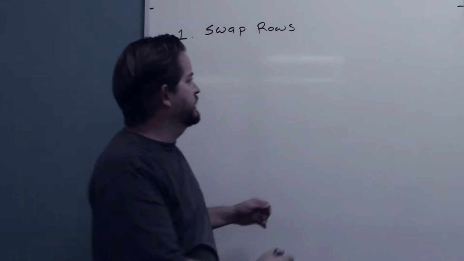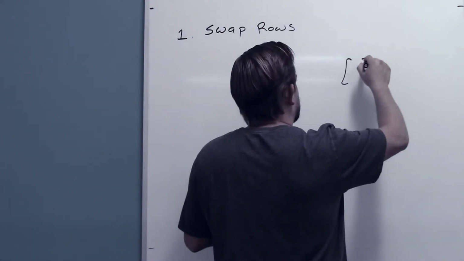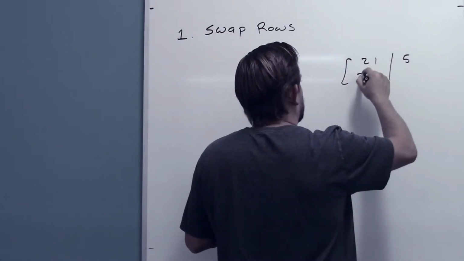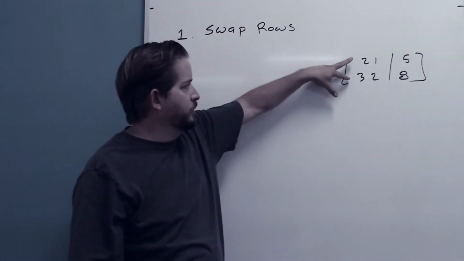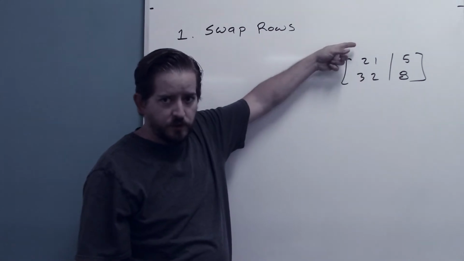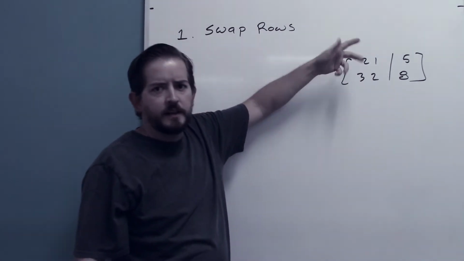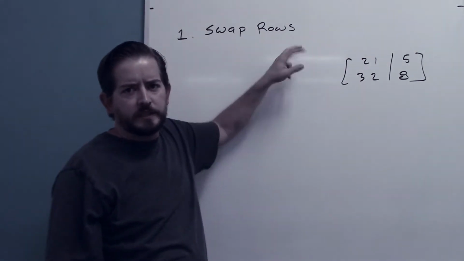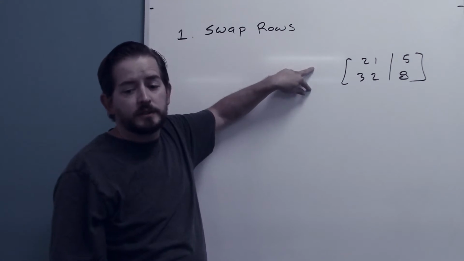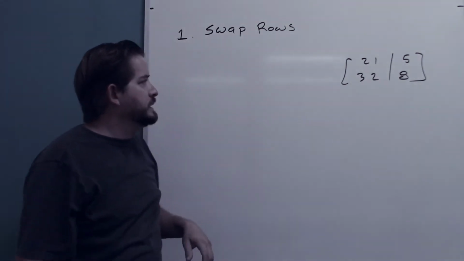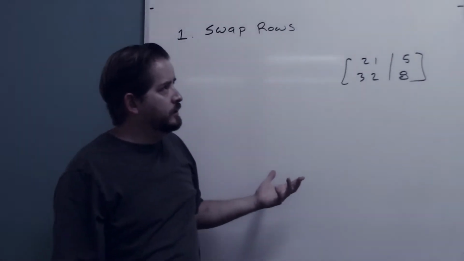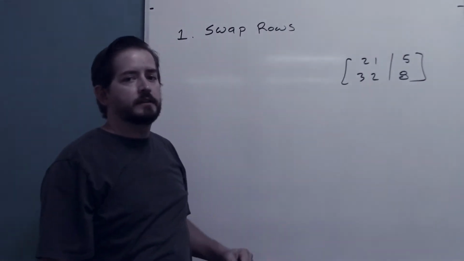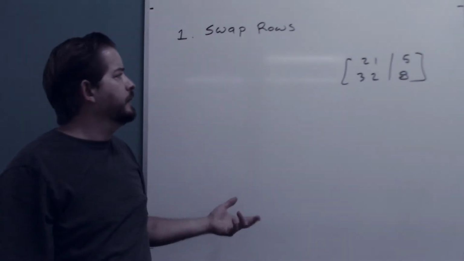If I have a matrix, let's say I have this matrix, I can rewrite it as 3, 2, 8 first and 2, 1, 5 second. That's really just saying, well, I have these 2 equations and it doesn't matter which one I wrote first, right? So swapping rows is a valid matrix maneuver, and it's useful. We'll see that it's useful later, and we'll see why we care about that.